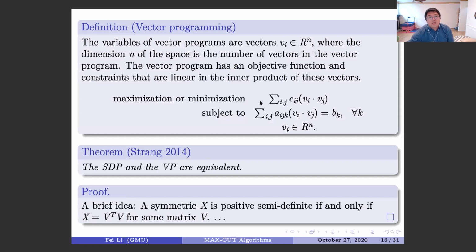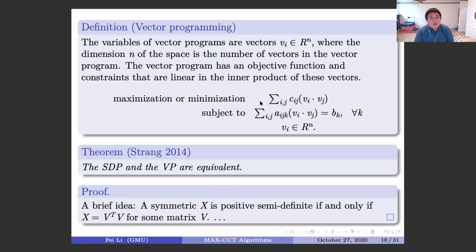A related formulation is called vector programming, and it is related to the semi-definite program. A significant conclusion is that the semi-definite program and the vector program are equivalent. They use different forms to represent the constraints, but essentially they are the same.